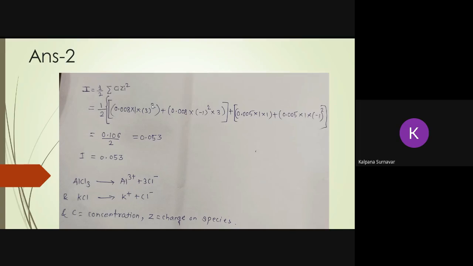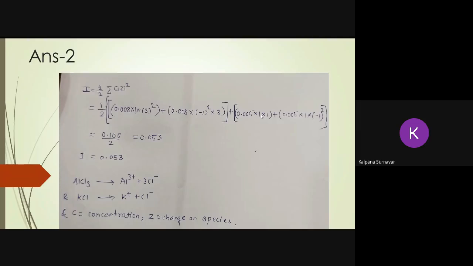This is for AlCl3. And ionic strength is a summation, so just do the addition of the second terms. In the second bracket, the concentration of KCl is given as 0.005. So the K plus ion concentration is obviously 0.005.